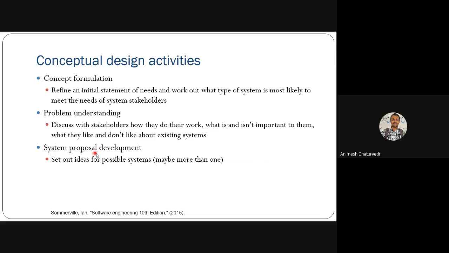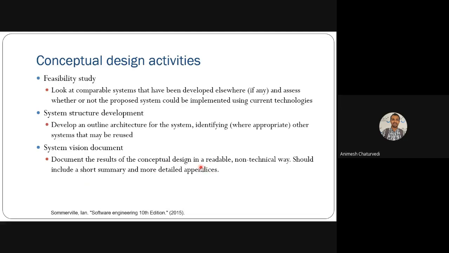Then system proposal development: good ideas, what possibilities there are, what may be required and what more is required. Then the feasibility study means comparing that system, whether it could be developed elsewhere or not, whether it is possible to propose and implement that system. So you do the feasibility and risk analysis much earlier, before you go for system development. So you do the current technology analysis for that.